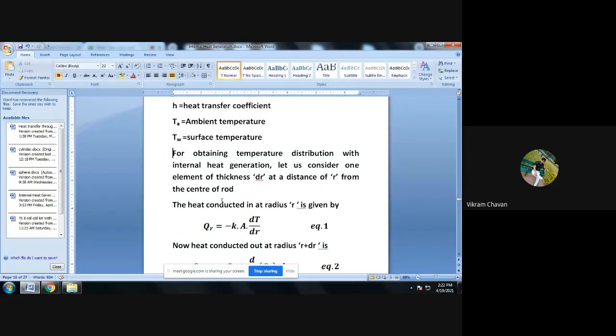According to Fourier's law, we know that it is minus k multiplied by A multiplied by dT divided by dx. But here, the thickness of that particular rod we have to consider as a radius difference.